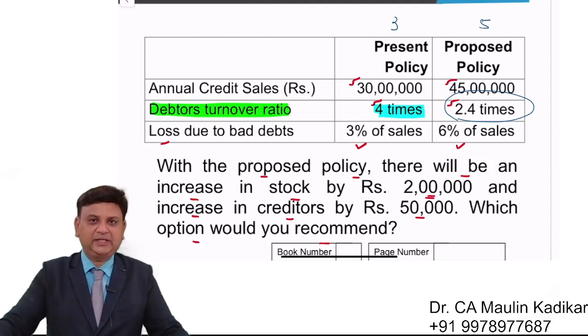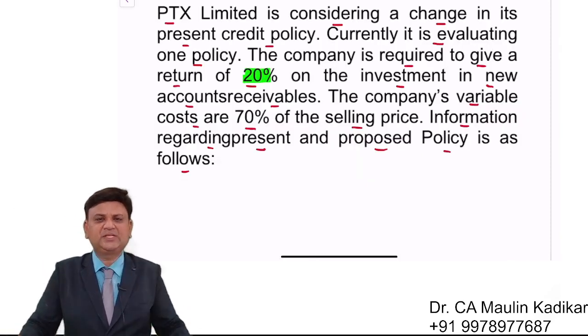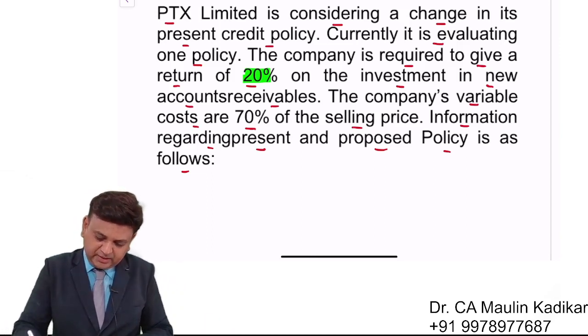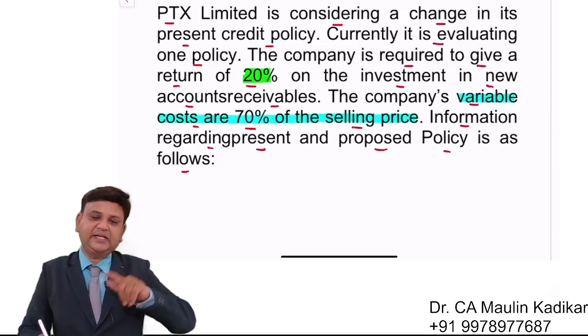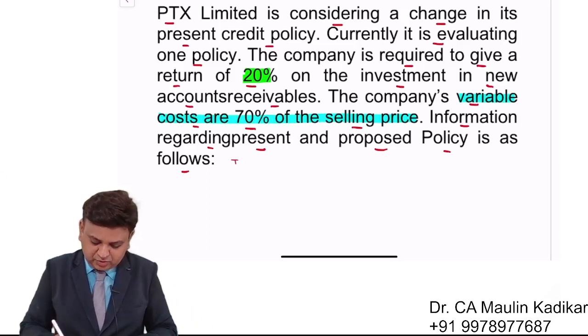Now I want you to write in the chat box which information is missing in the question. Friends, in this question they have provided that variable cost is 70% of the selling price. However, you can see that either directly or indirectly, no information is given about the total fixed cost.